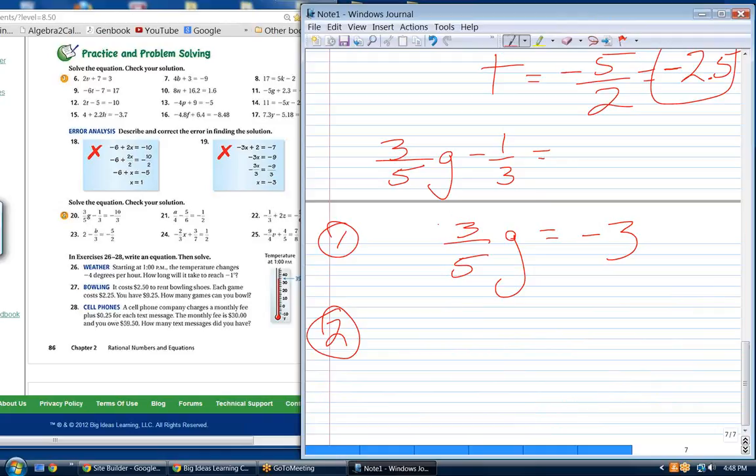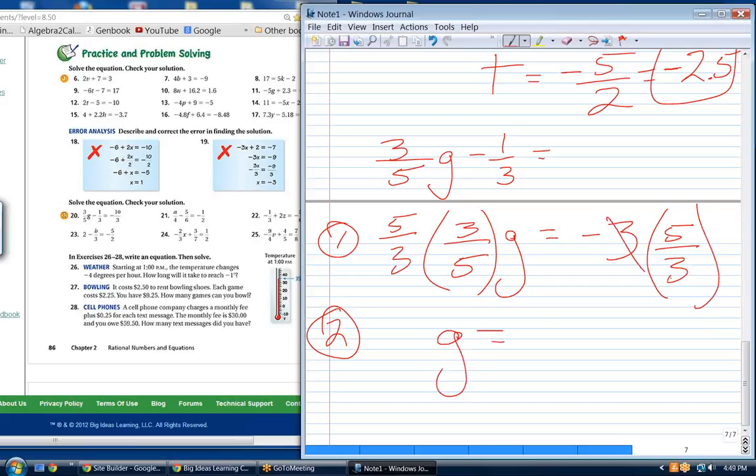If you want to get a little fancy, we'll multiply both sides by 5/3, the reciprocal of this. That immediately gets you G equals, that cancels with that, and I get minus 5.